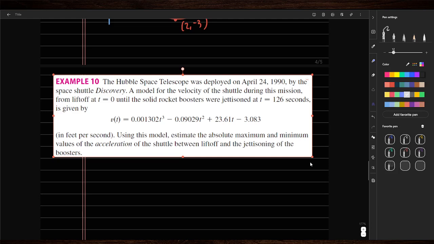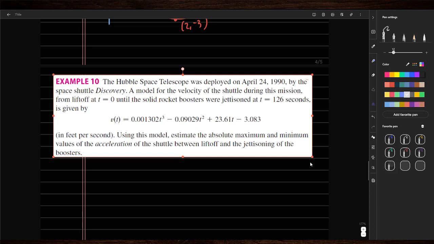If we reach these values, the shuttle will be in a critical situation, so you just need to avoid the absolute maximum or minimum to avoid accidents. That is what I understand of the problem.